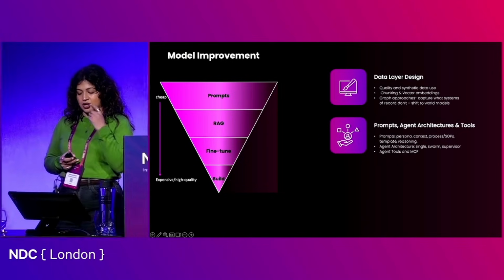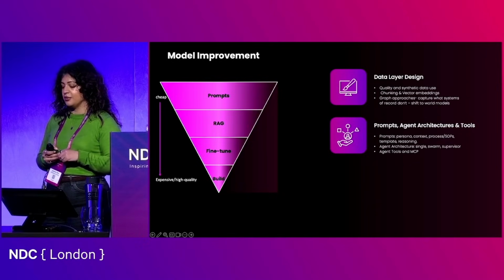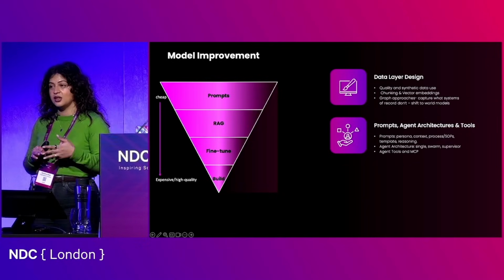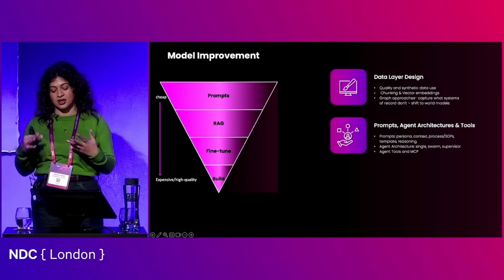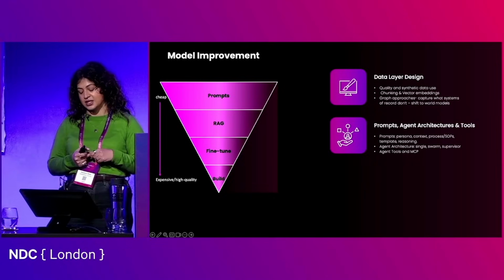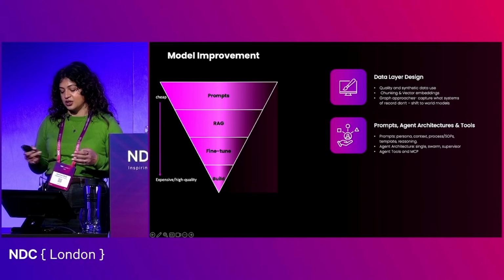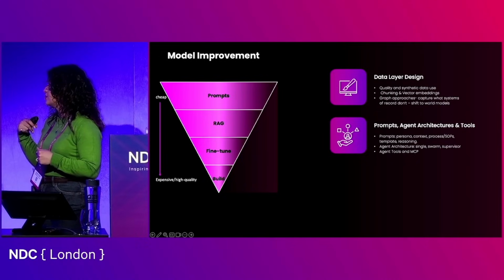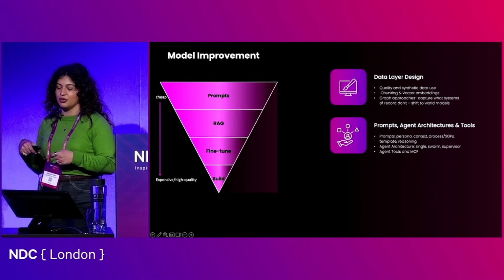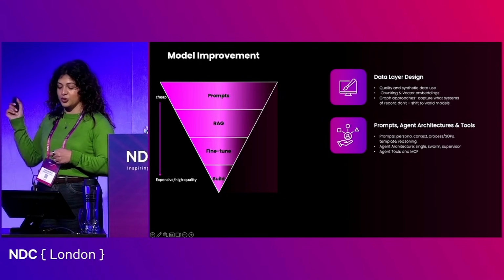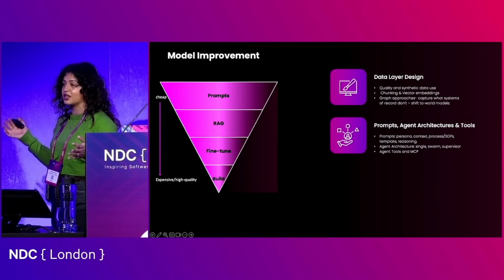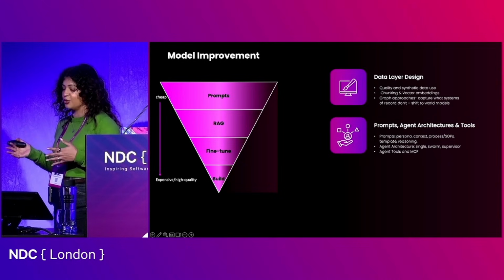Prompts, agent architectures and tools. So good prompts will clearly define persona, context, the process, templates, and usually evoke some sort of reasoning. The agent architectures, there are lots of different resources that talk about different architectures. I'm using LangGraph, so I will reference the three that they often talk about, which is a single agent, which is one agent that has a whole bunch of tools.